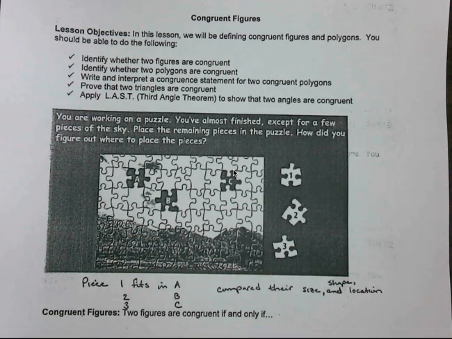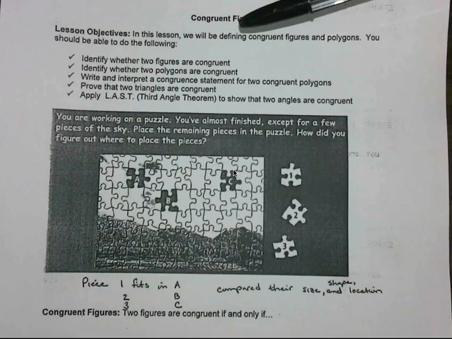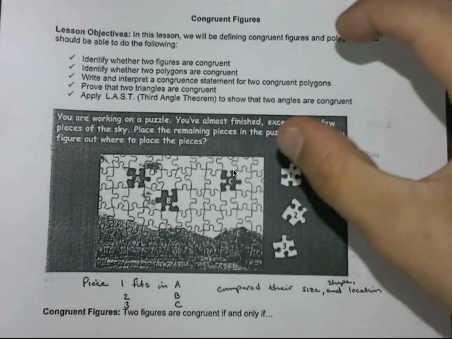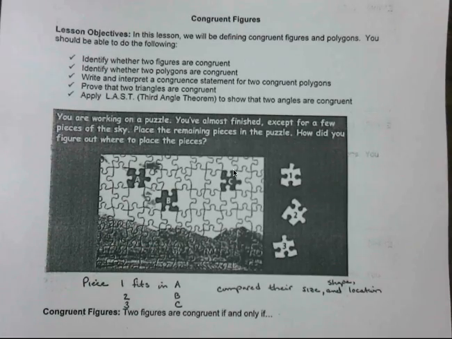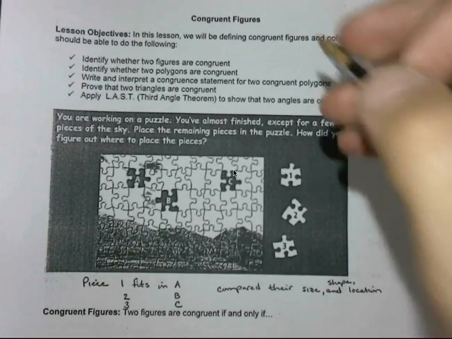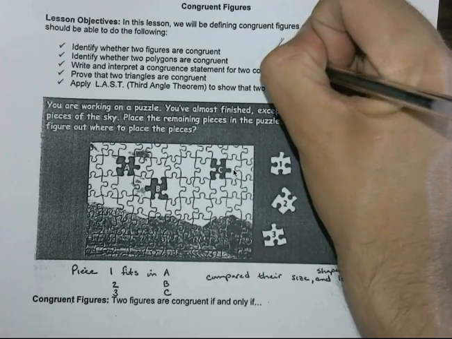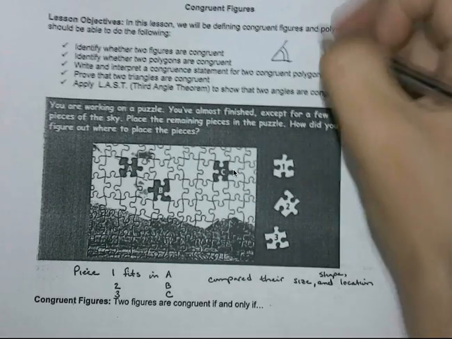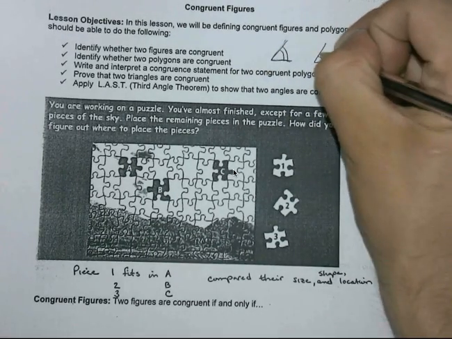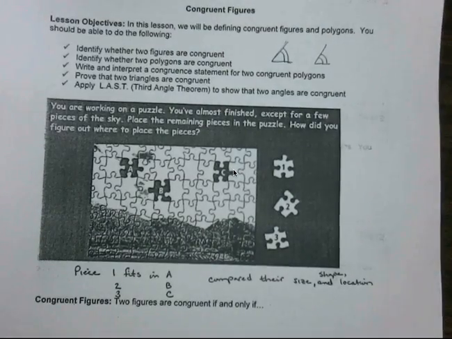This whole section is going to talk about how we can compare and contrast figures and polygons to see if they are congruent. Recall, congruency implies that segments have the same length or angles are the same measurement. Sometimes we'll denote that angles, again, are congruent if we see the same figure or the same pattern in the angle.